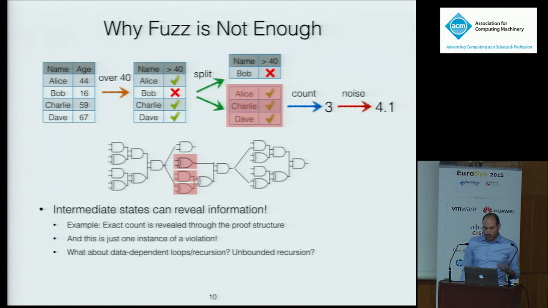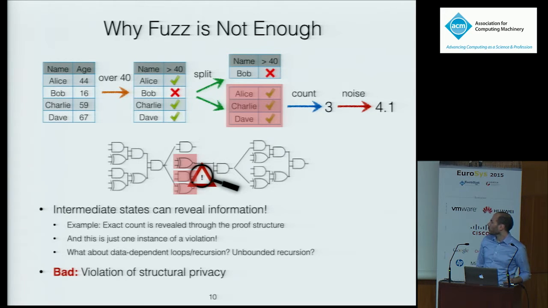So even if the proof is zero-knowledge and generally hides the actual values of the execution, a reader could look at this proof, understand the execution trace and infer information about the dataset. For example, in this proof, the reader could understand that the exact count before noising is 3. And this is only one instance where the structure of the proof can leak information.